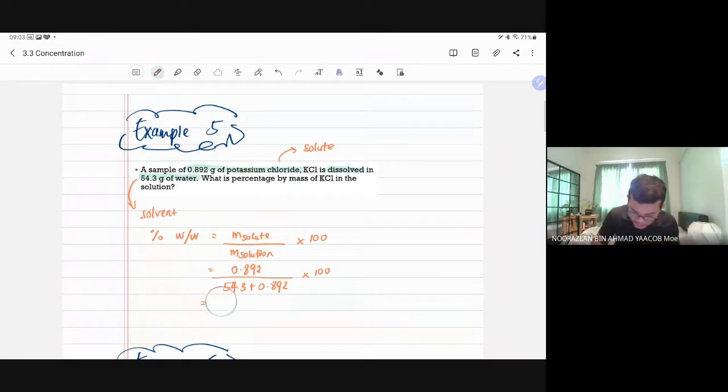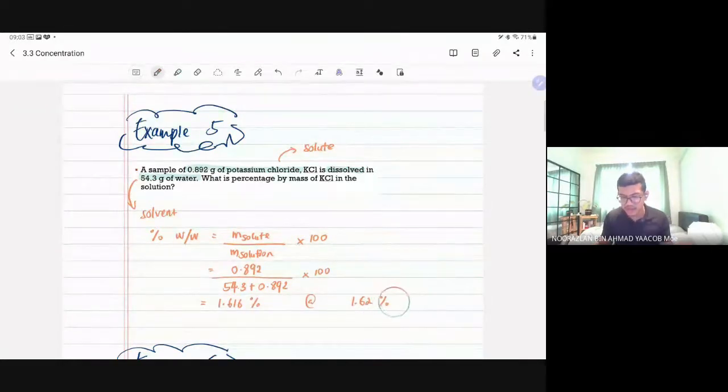You should get 1.616 percent. Ataupun kita juga boleh jawab as 1.62%. Saya dah bundarkan terus. That will be the answer. Dan pastikan unit percent ada di belakang. Jangan tinggalkan nombor kosong saja. In exam, that kind of writing is wrong.